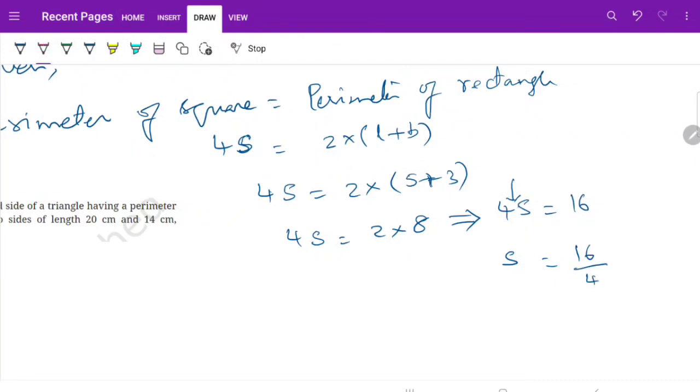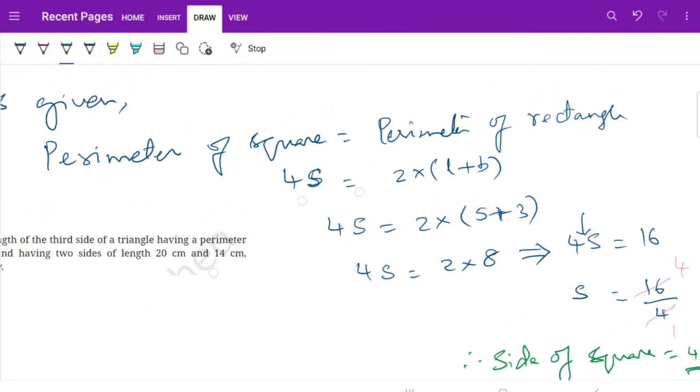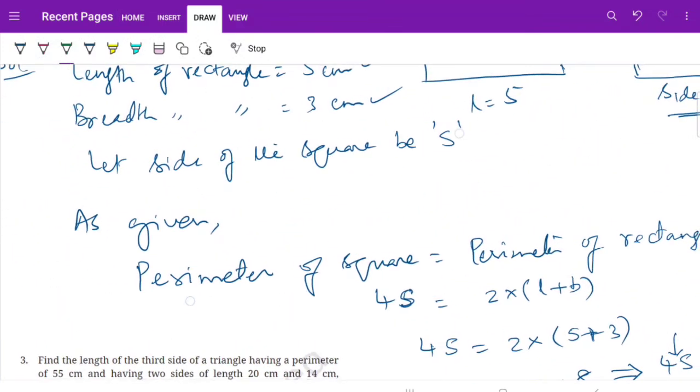So we can divide here. 16 divided by 4 is 4. So now we got the answer, final step. Therefore, the side of the square is equal to 4 centimeter. So this is the answer for question number 2.